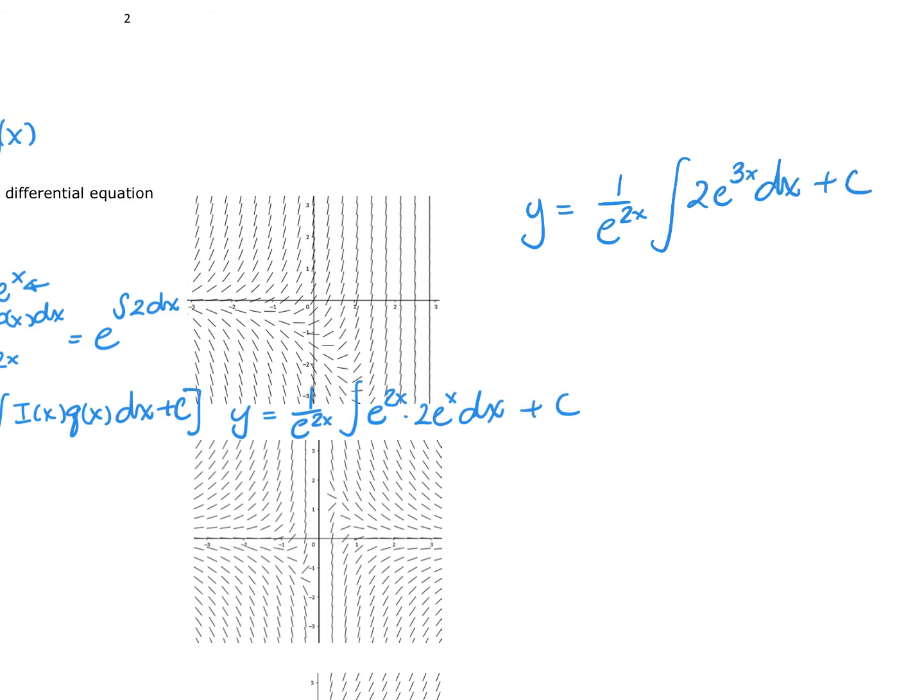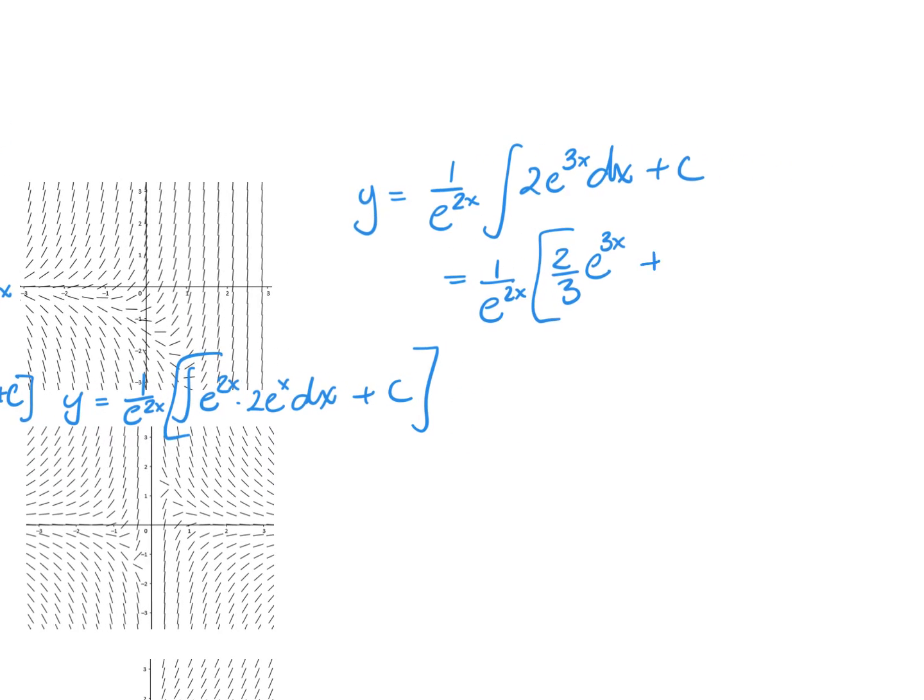Don't forget my plus c. Almost got wild and crazy and forgot my plus c. So when I integrate this, I'm going to get 1 over e^(2x), multiplied by 2 divided by 3 e^(3x). Don't forget that, plus c.